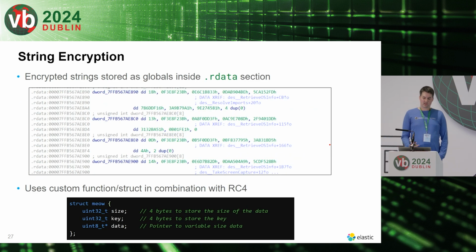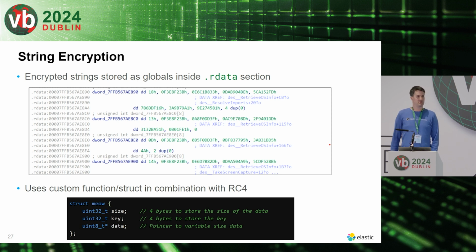Coming back to the string encryption, this is pretty standard. We see this a lot in the e-crime space. The encrypted strings are stored as global variables inside the .rdata section. If you look at it like this, it looks like a bunch of gibberish, a bunch of global variables. They have a custom structure and a function that they use with RC4. I've seen this in different stealers before.